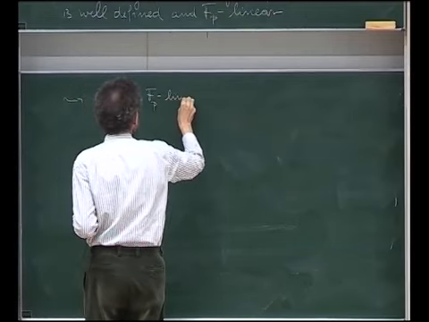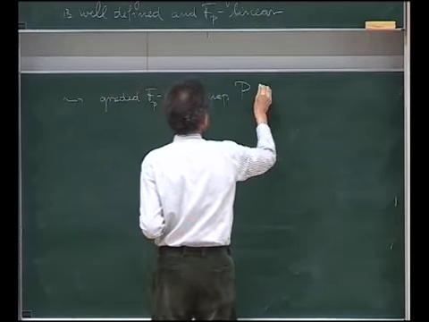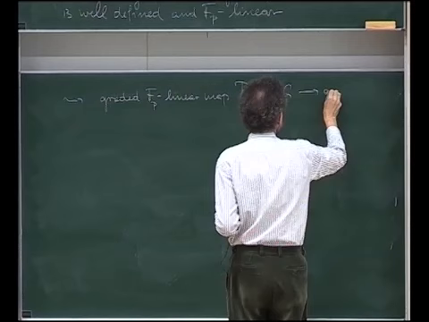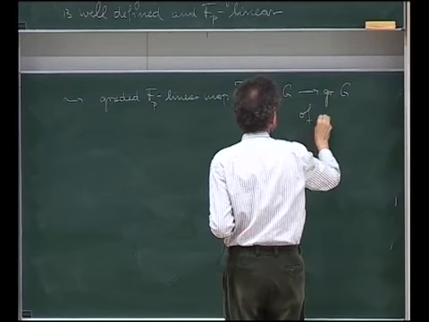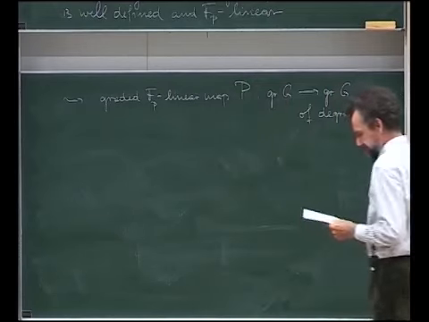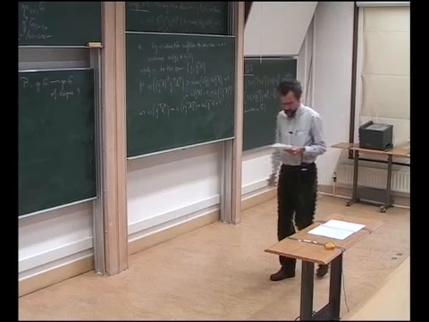So putting all those together, we have a graded homomorphism, graded at the moment Fp linear map, which I call capital P. This is this operator in the title from grill G to grill G of degree 1.